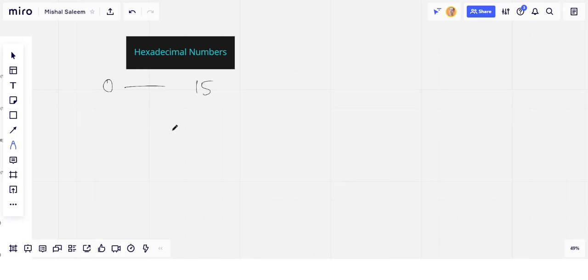And in the hexadecimal we have 16. Let's just write them: 0, 1, 2, 3, 4, 5, 6, 7, 8, 9, and then after that we do not write 10.